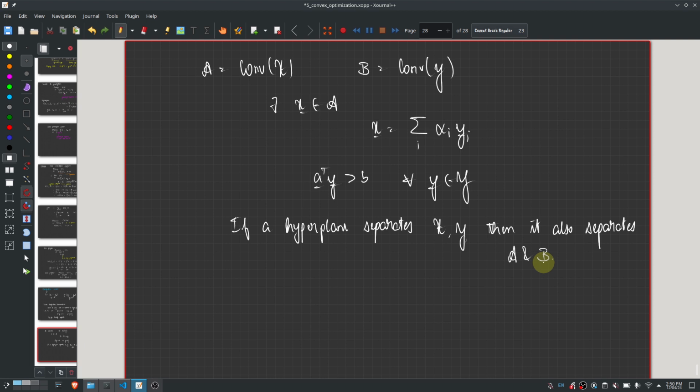Obviously, because X and Y are subsets of A and B. If there's a hyperplane that separates A and B, then it should always also separate X and Y. But you should prove that the reverse also holds.